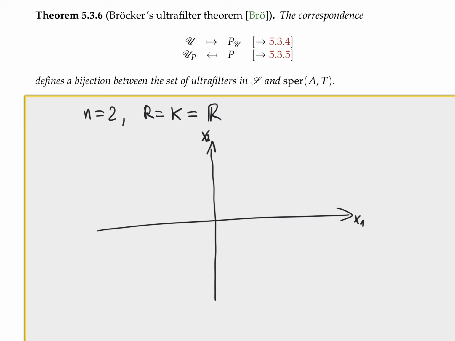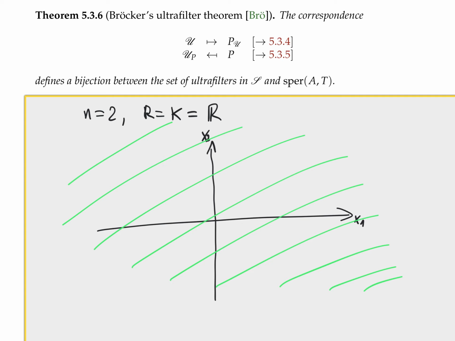Okay, so if I look at the semialgebraic subsets of the plane R2, one set is always in there, no matter what ultrafilter I'm looking at. That's R2. So I know already that if a polynomial f is globally non-negative on R2, then it's non-negative on a filter set, and then I know that it lies in the corresponding prime cone.